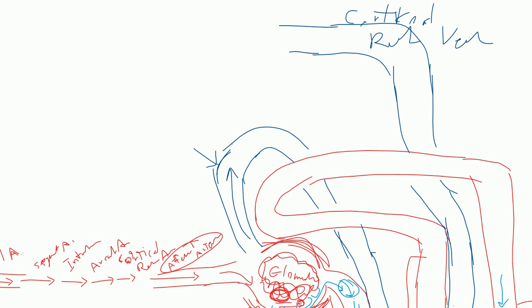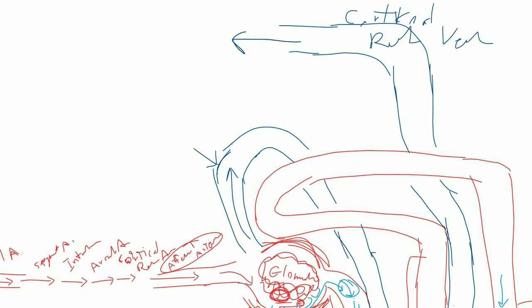If you keep on going, this will later become an area called the cortical radiate vein. I'm going to go ahead and write it out for you as we take a turn. Let me rewrite that: cortical radiate vein. And as you continue forward, I'm not going to draw the blood vessel anymore.